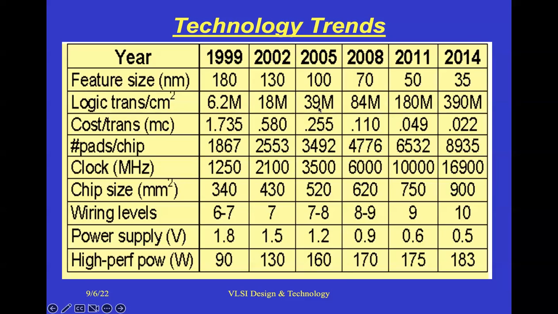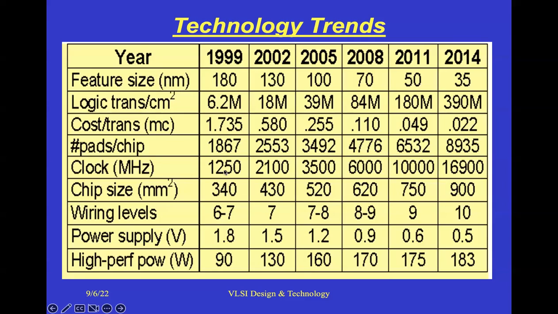You can just see from 1839, 84 million, 180, 390 million number of transistors, right? Then you can see the number of pads per chip, number of clocks. Remember, I was telling you the IO blocks, the IO pads, the placements, right? So from few thousands, it has gone up to 10,000s, right?